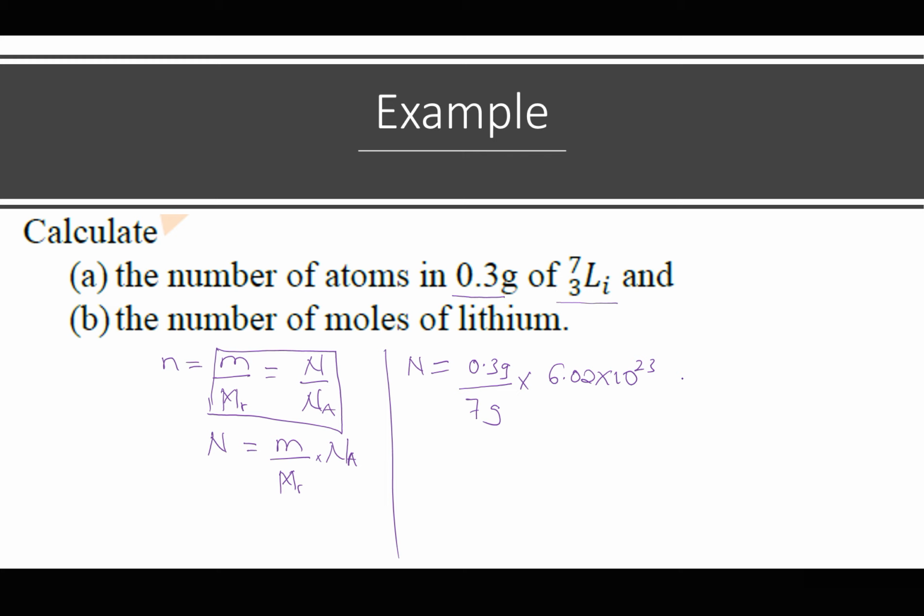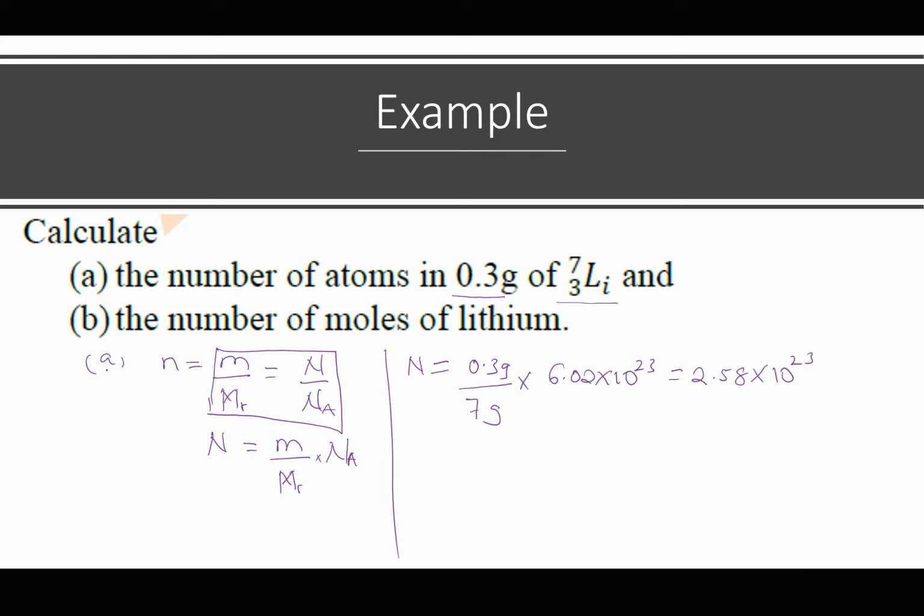So this is giving me the number of atoms in lithium-7 to be 2.58 times 10 power 23. So that is the number of atoms in 0.3 grams of lithium-7. So this is for part A.